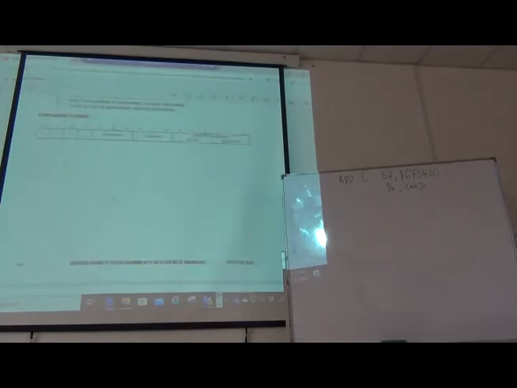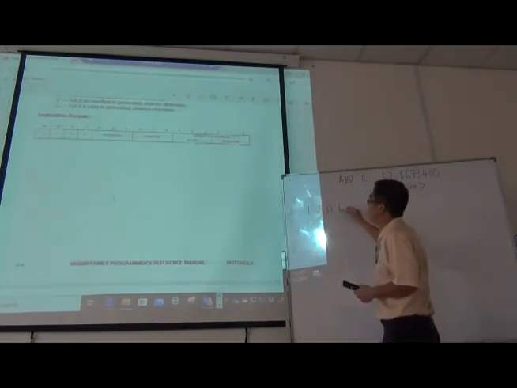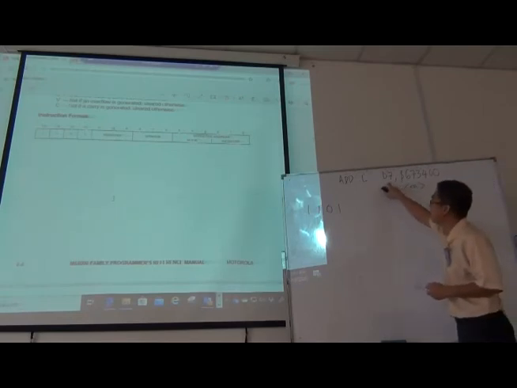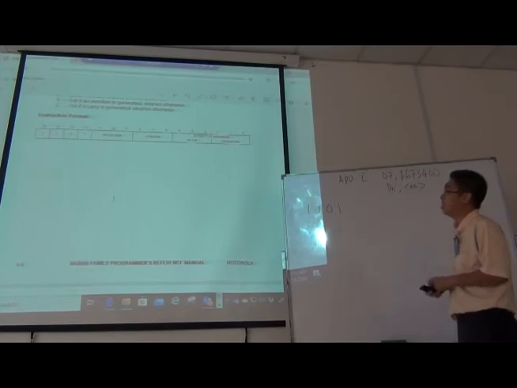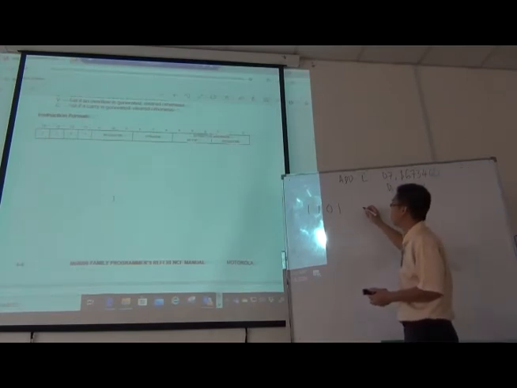The first 4 bits are permanent, constant numbers: 1, 1, 0, 1. The register number is still the same. This is the register number, which is 7. Register 7 is equivalent to 3 bits: 0, 1, 1, 1.